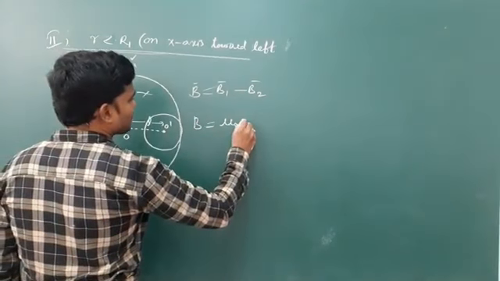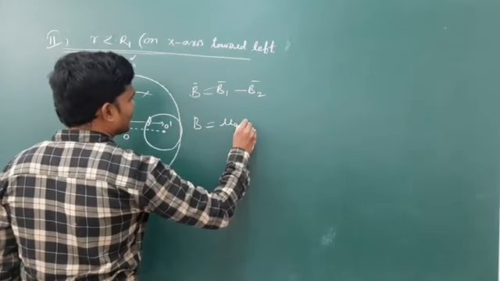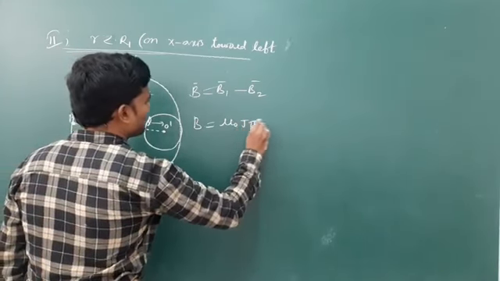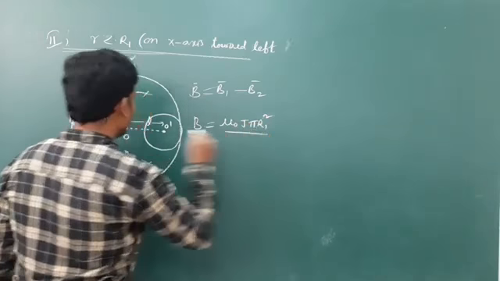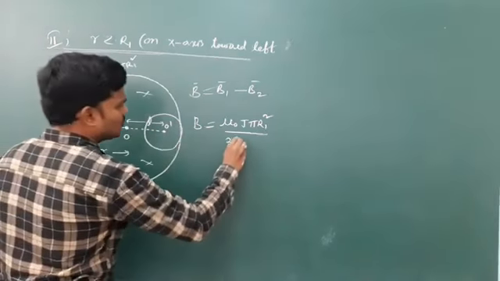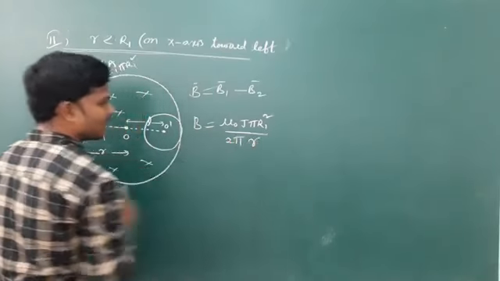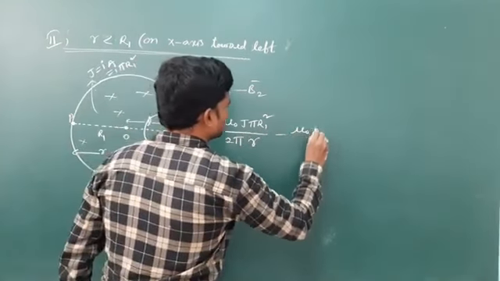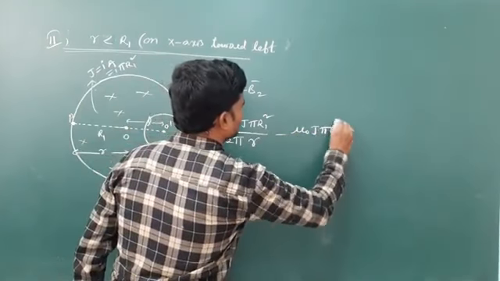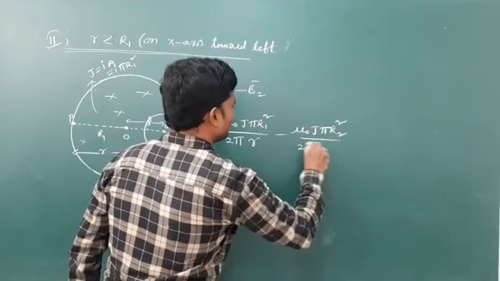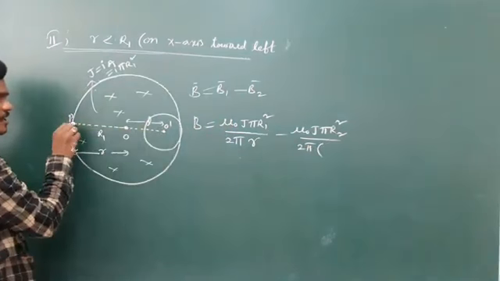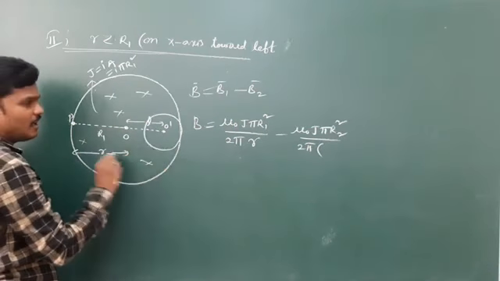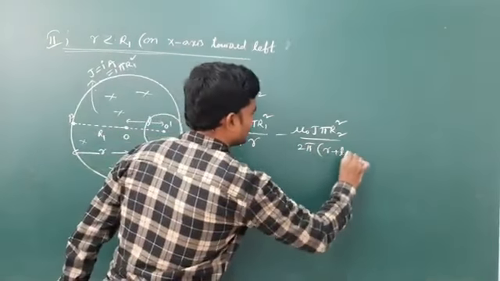So mu naught J pi R1 square at this distance 2 pi R. I am writing the same 2 pi R. Again minus mu naught J pi R2 square over 2 pi, from here to here, R plus L.